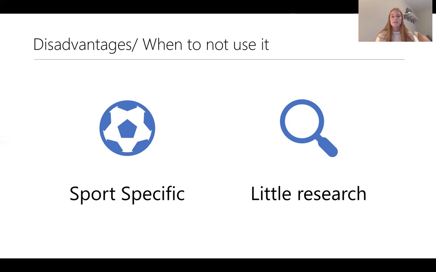So there's a lot of difference in there, and it can depend a lot on your sport. There's also very little research so far on the benefits and disadvantages of plyometrics. You're really not going to see a whole lot yet, but I think in the future there will be a lot more information out there.